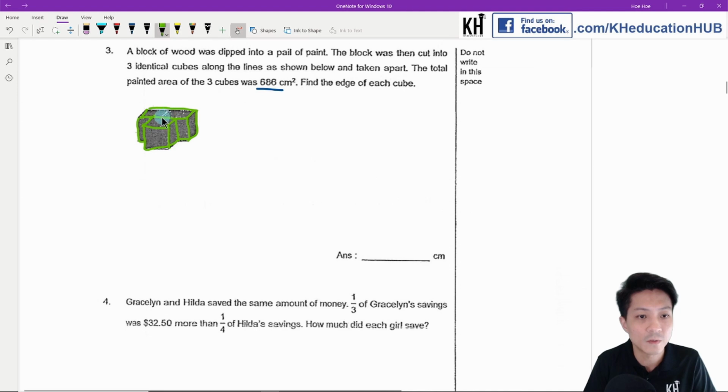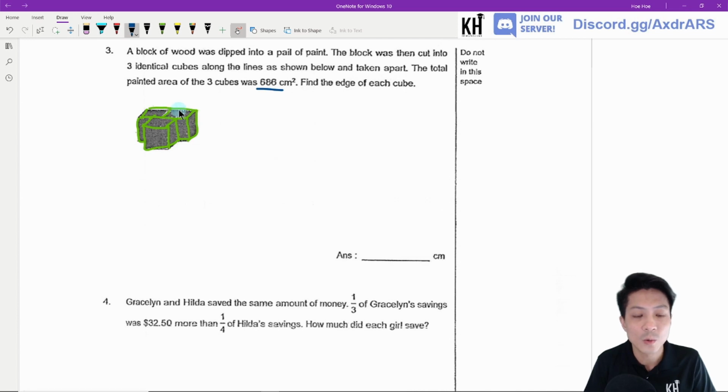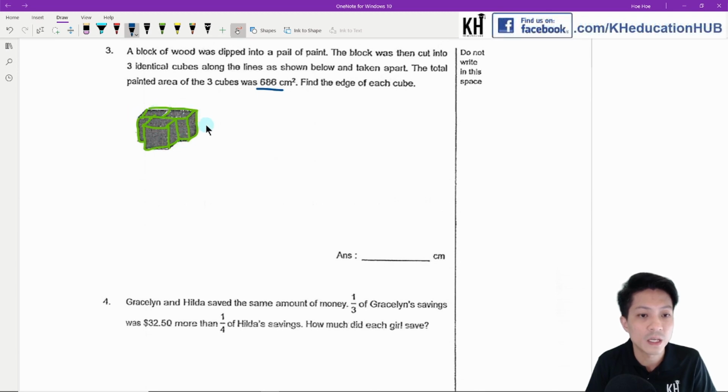So I need to find out the total number of square faces that are painted. In total there's 1, 2, 3, 4, 5, 6, 7, 8, 9, 10, 11, 12, 13, 14.